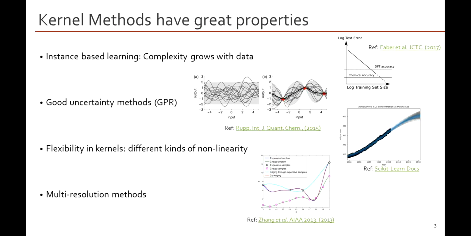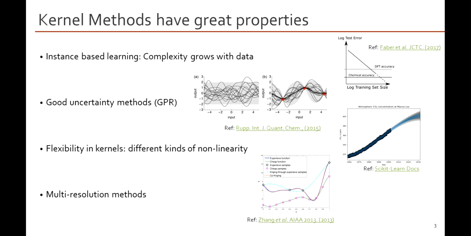For example, I can use a sinusoid function as one of my kernels, combine it with a nonlinear function like these Gaussians, and get a machine learning model that captures both, say, seasonal variability within atmospheric carbon dioxide levels and its nonlinear change over time.